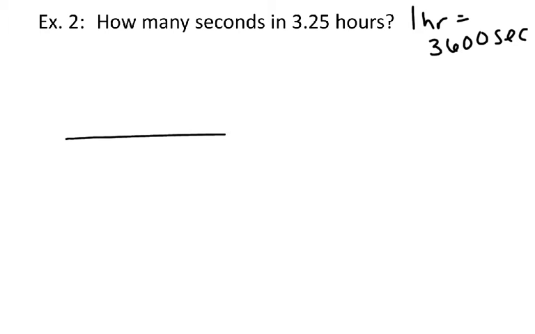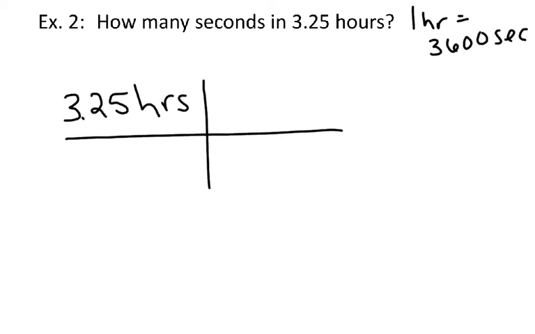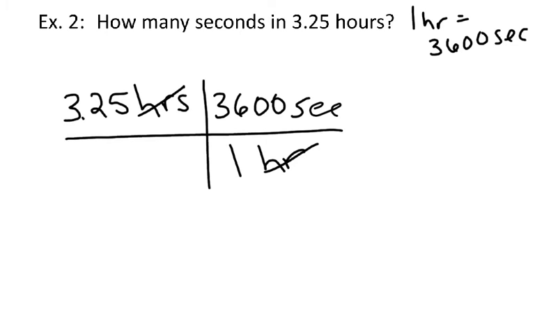Okay, so we're going to write our little picket with our fence. We're going to put 3.25 hours in the top box. Now, since we have hours on top, we're going to put hours on bottom. That leaves us with 3,600 seconds to go here.